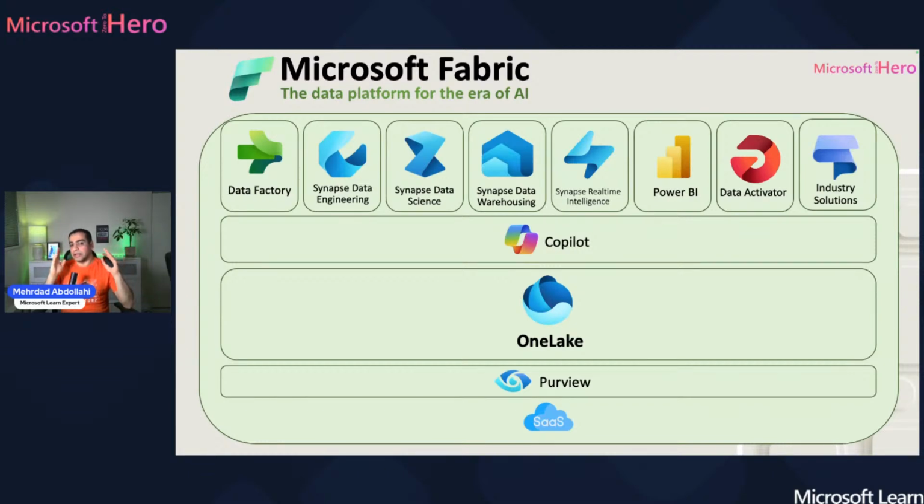And there in data engineering, you can create the notebooks to write your Python code and to do the data engineering as well. Or you have the data science service, where you can model your data, find the pattern from your data, and create the machine learning models.